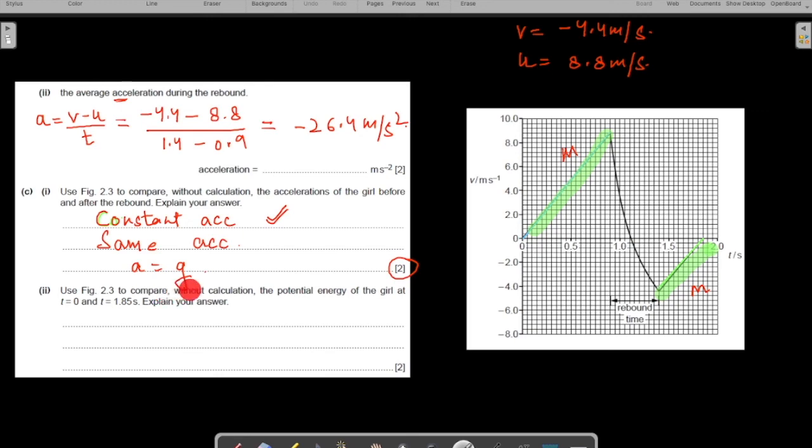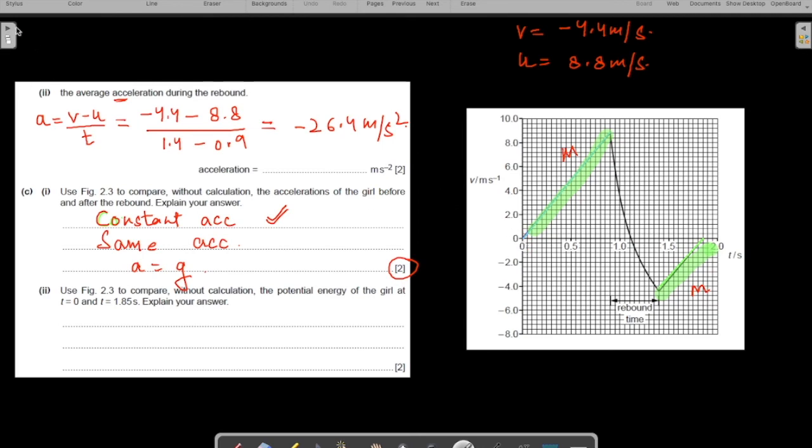Use this figure to compare without calculation. Again, without calculation, the potential energy of the girl at t is equal to 0 and t is equal to 1.85. So what is the position of the girl at these two locations?